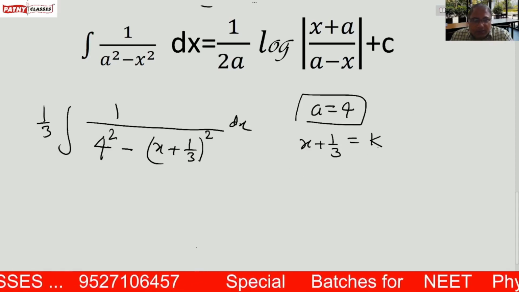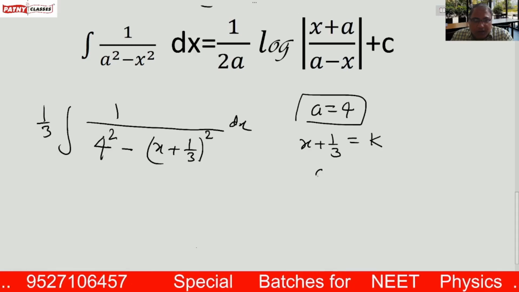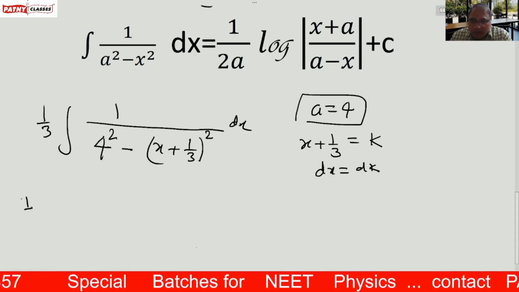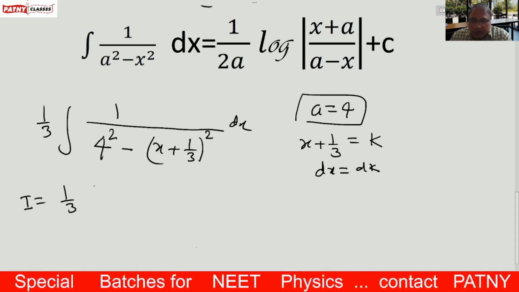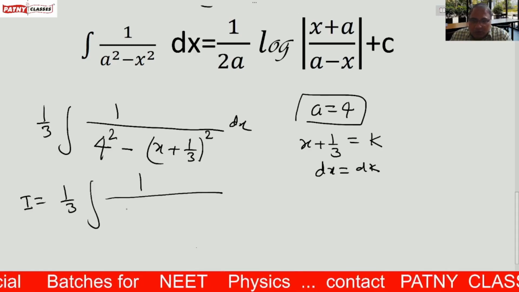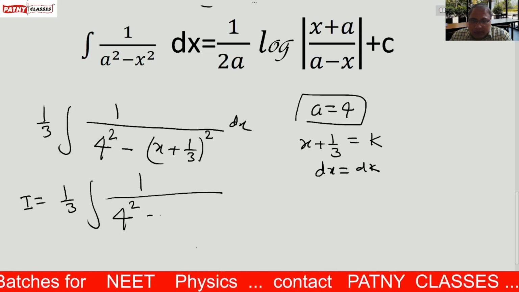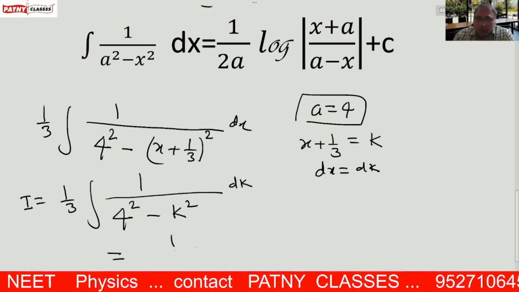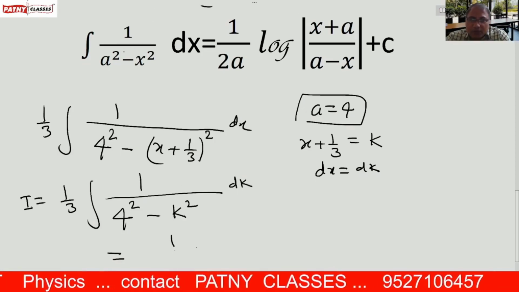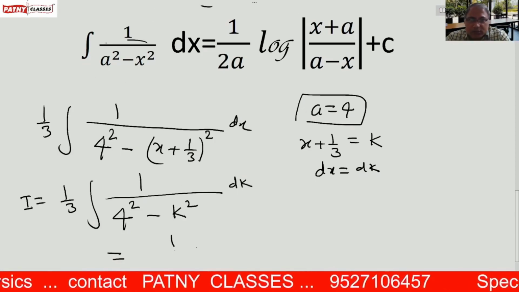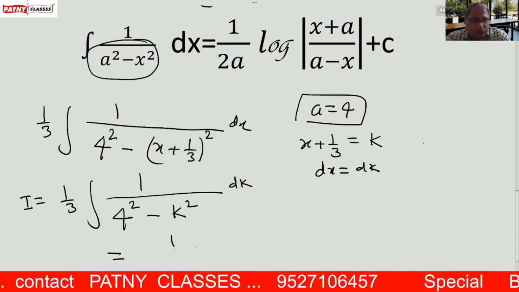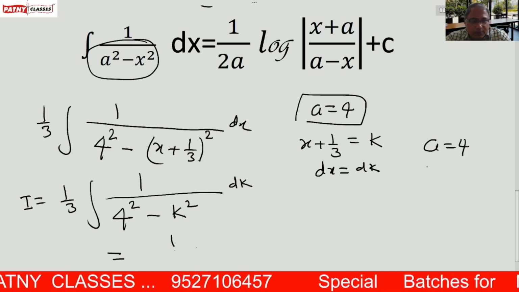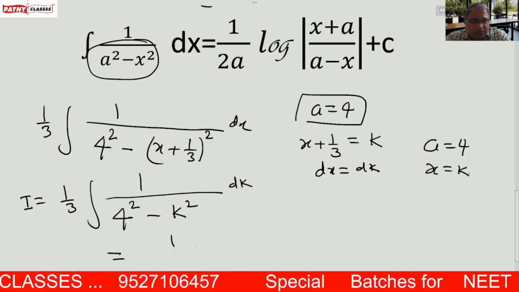x plus 1 by 3 equals k. Converting to standard form, I get dx equals dk. Therefore, I equals 1 by 3 integration 1 upon 4 square minus k square with respect to k. Now it is resembling the formula of a square minus x square, where a equals 4 and in place of x there is k. So x equals k.